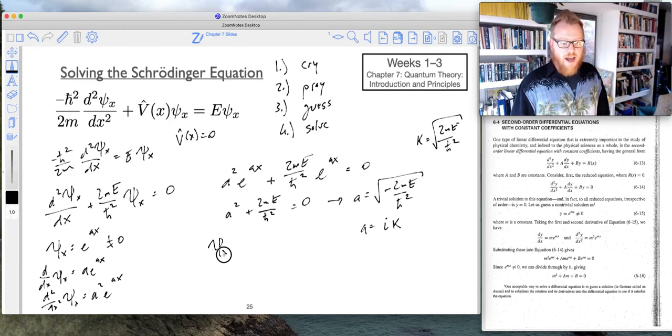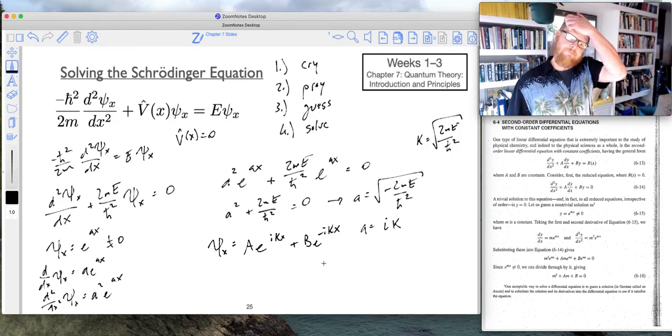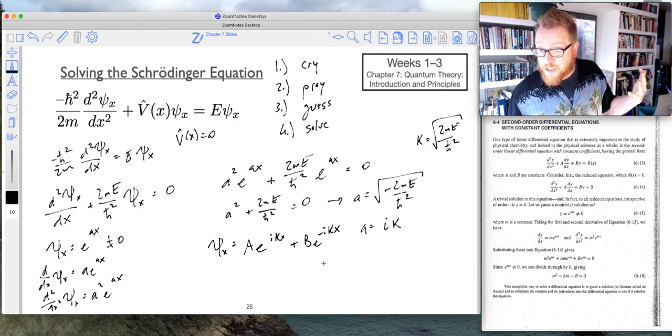I can say psi of x equals, and I'm just going to use a's, b's, and c's, and d's to make life a little more straightforward. So a e^(ikx) plus b e^(-ikx). So that's one form of the wave function I could use.